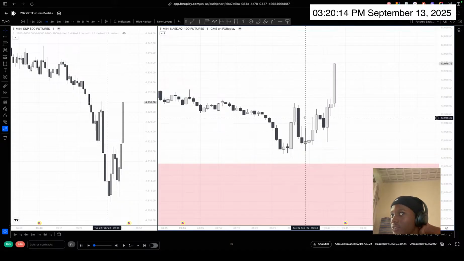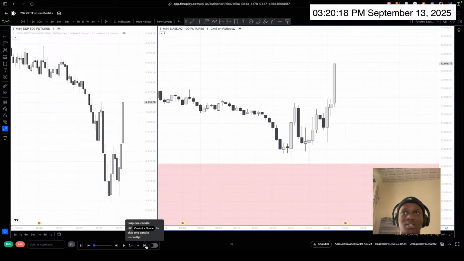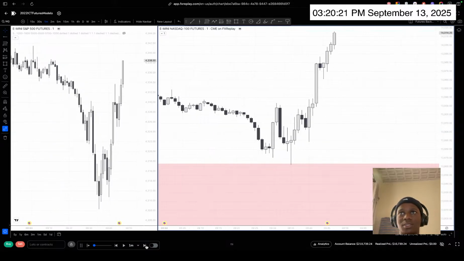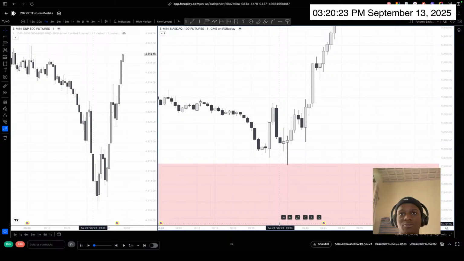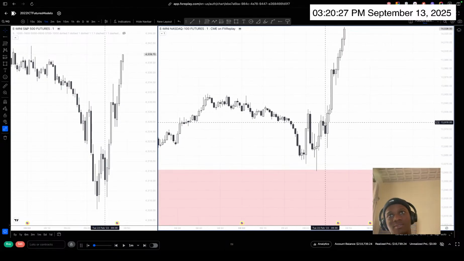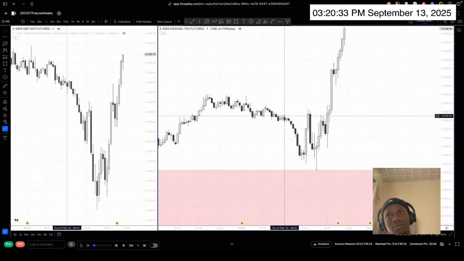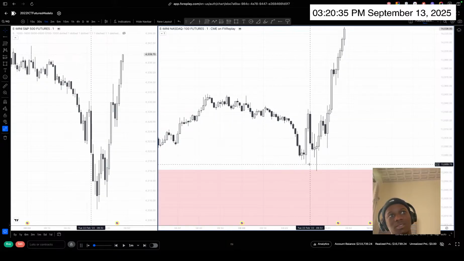Okay, we sweep and we haven't had a shift in structure yet. I'd like to see a retracement lower if possible. The reason I didn't enter here is because we don't have a high that we closed above, that we shifted above and then retraced. Except what happened here, but you can see we ended up having another internal sweep.